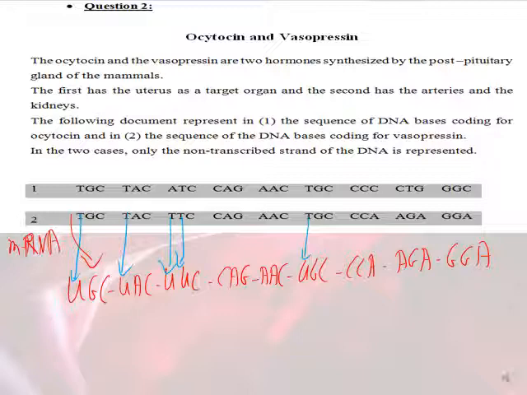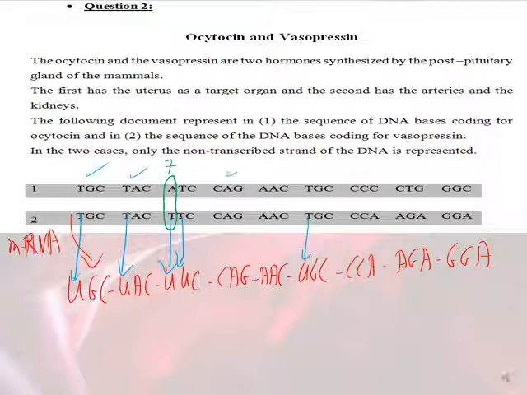But wait a minute, if I want to compare the sequences of the DNA, first of all, TGC is TGC. It's the same for both vasopressin and the oxytocin. Second, TAC is TAC. It's the same. Let's move to the comparison. Third one, ATC. Here it's TTC. So the first change is here, at nucleotide number 7. Okay?